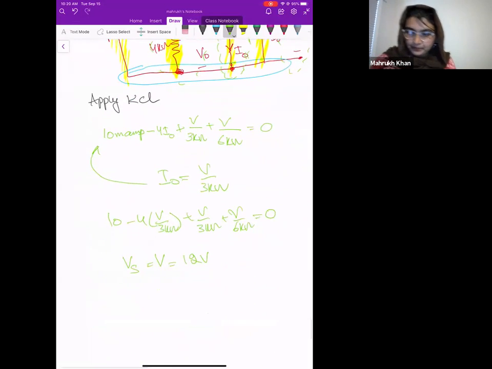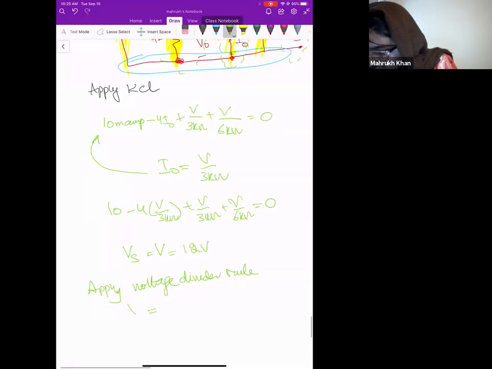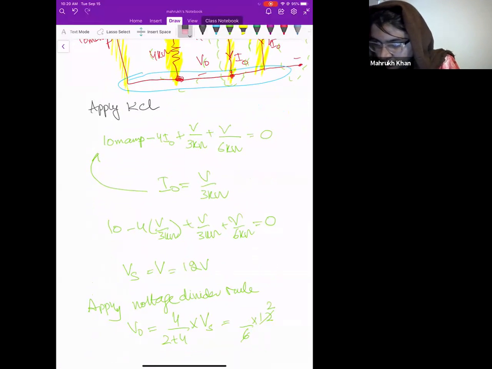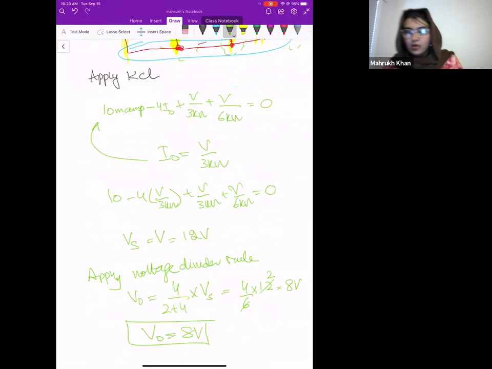So V naught will be 4 by 6 kilo ohms times V or Vs, okay? So it will be 8 volts.